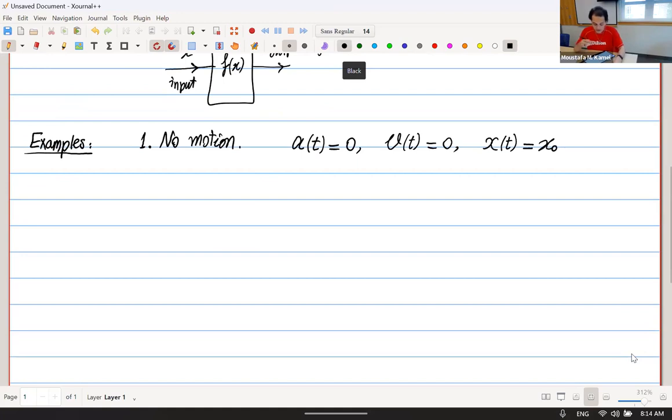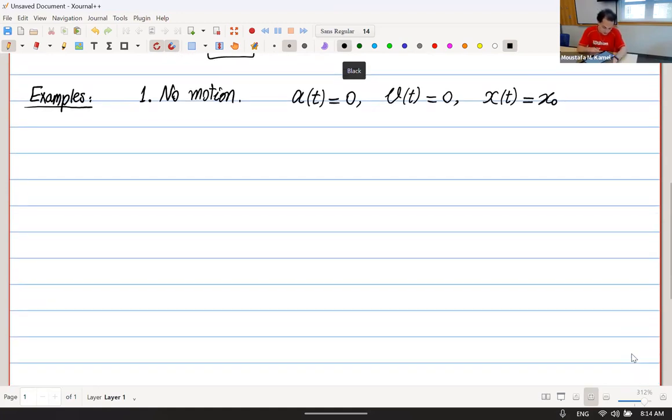Now, if we want to graph that, let's start with acceleration as a function of time. We always have the independent variable on the horizontal axis and the dependent variable on the vertical axis.